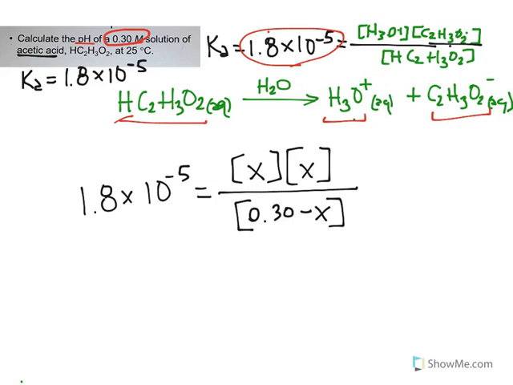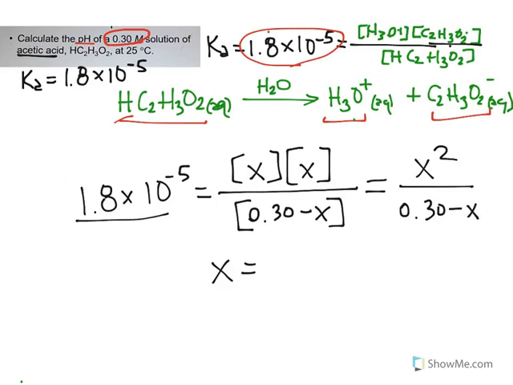Algebra says that we can solve for it. What is X going to be equal to? If you haven't figured it out already, this is X squared over 0.30 minus X, and that's equal to 1.8 times 10 to the negative 5. If you start rearranging things, the quadratic formula is going to come to mind.